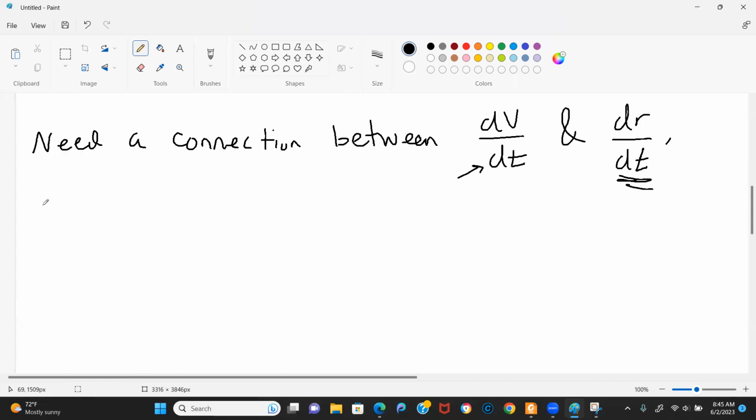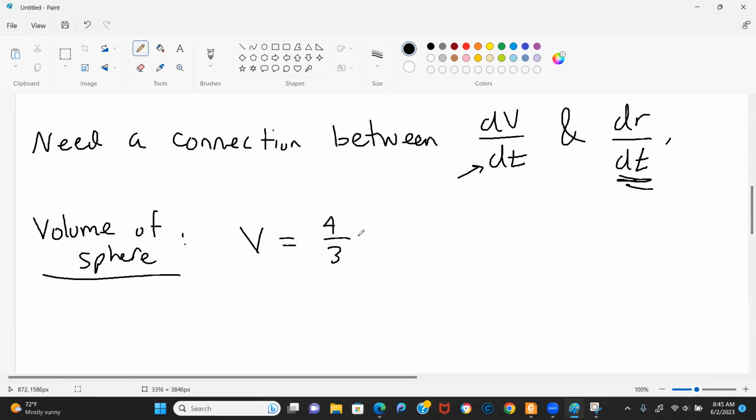Well, we have such a relationship: the volume of a sphere. The volume of the sphere is 4/3 pi r cubed. Now this doesn't directly relate dV/dt and dr/dt, it relates V and r, but that's okay.